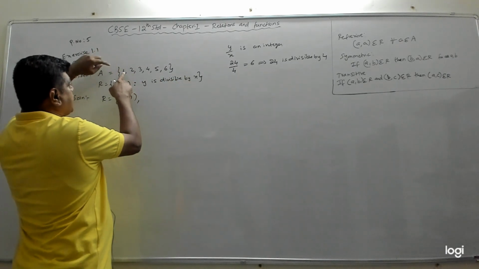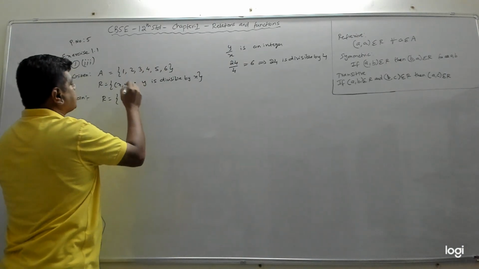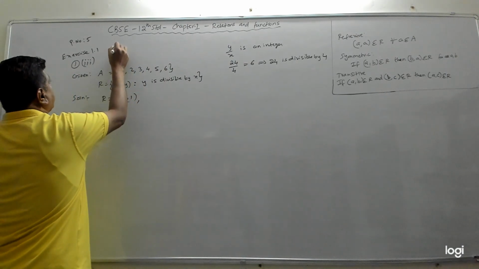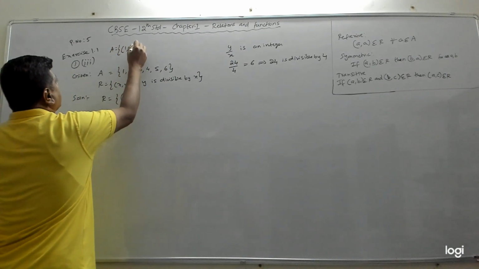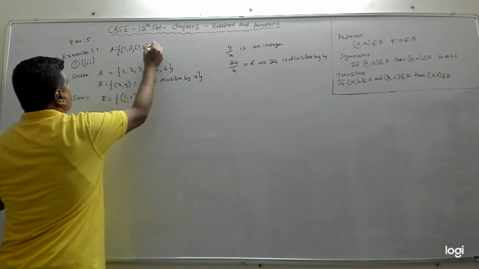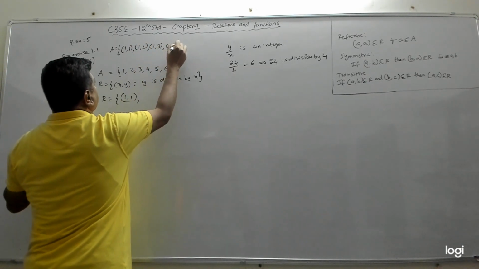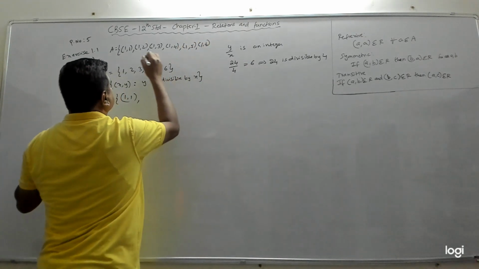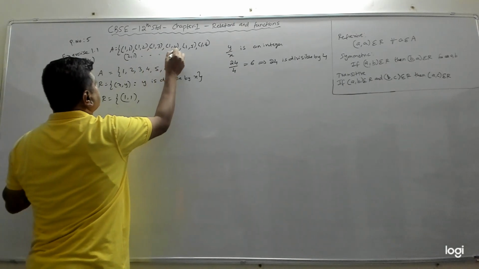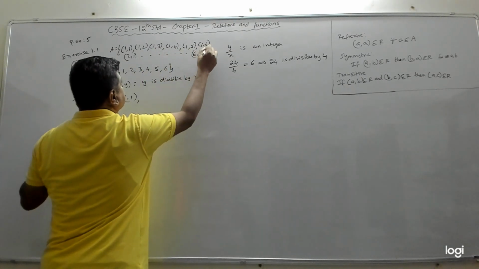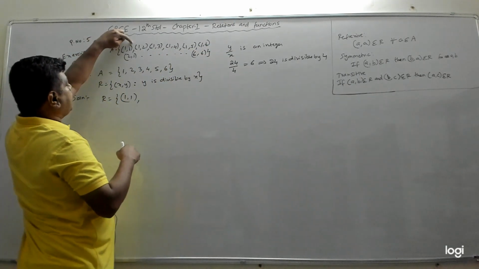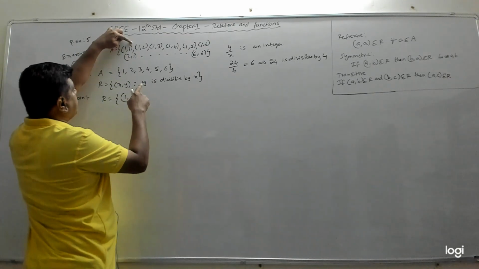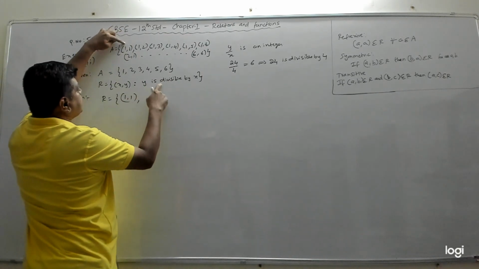If I list down all the elements of A cross A, it is (1, 1), (1, 2), (1, 3), (1, 4), (1, 5), (1, 6), then (2, 1), and like that it will go till (6, 6). Now if I take (1, 1), then y is 1, x is 1. Is 1 divisible by 1? Yes.